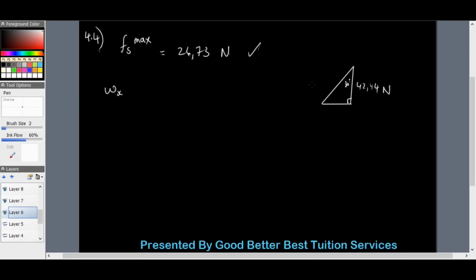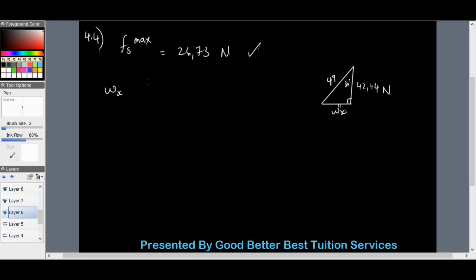Here we have 5 times 9.8. Let's just calculate what that is quickly because I forget. It's 49. And here Wx is parallel, of course, to the slope.